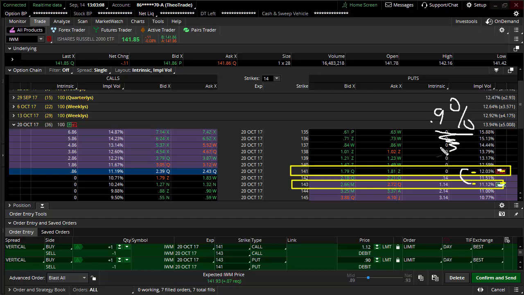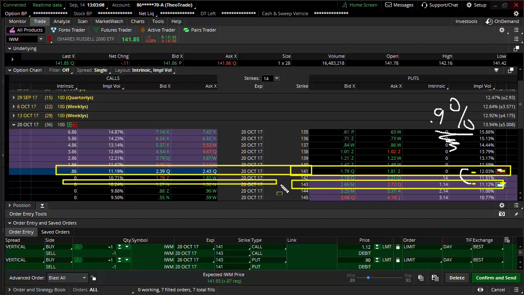Clearly, though, that's big. If you looked at an $11 stock and a $12 stock, on a percentage basis, that's a pretty big difference. But when you buy a call spread, the opposite is true. When you buy a call spread, you're buying an 11.2 volatility and selling a 10.2 volatility. Then the vol skew is against you.